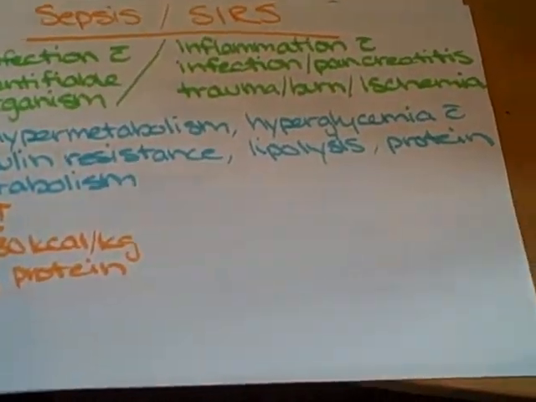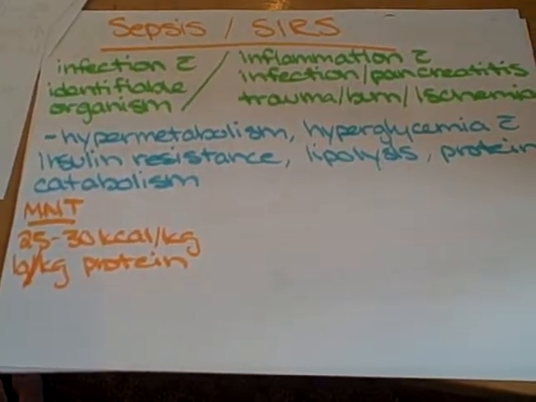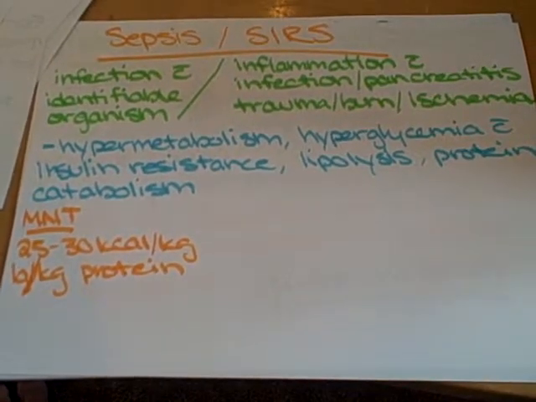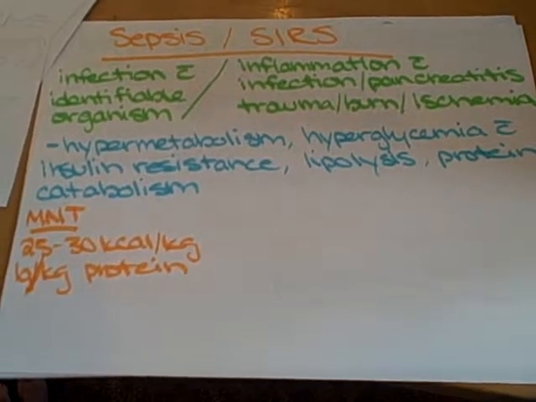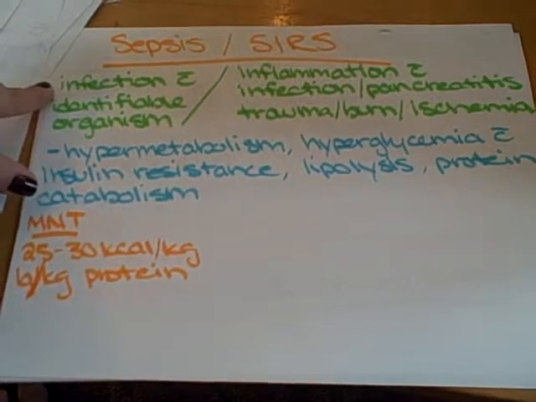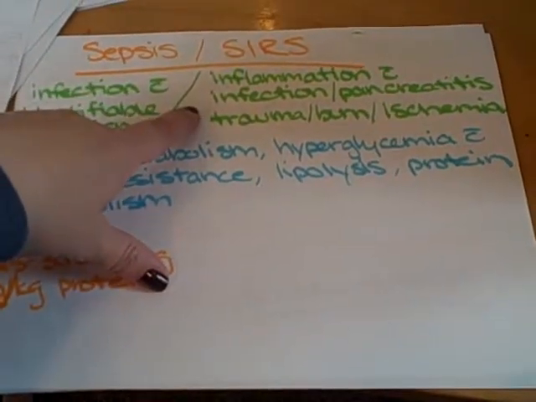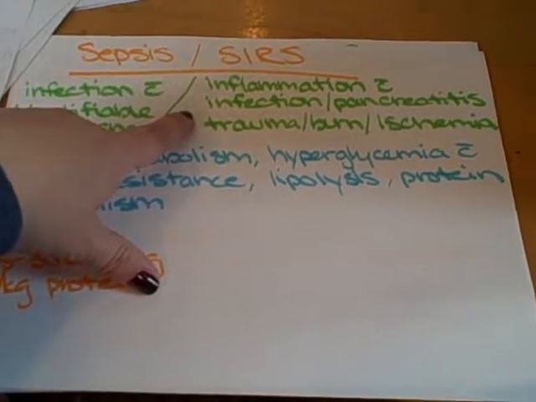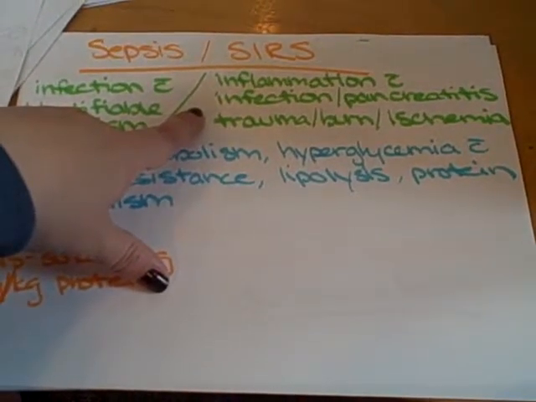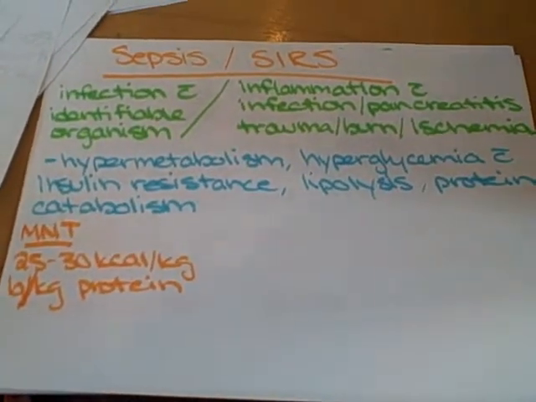And in sepsis and systemic inflammatory response syndrome: with sepsis, you're going to see infection with an identifiable organism. And then with SIRS, you're going to see inflammation with infection or pancreatitis, trauma, burns, ischemia, any of those.